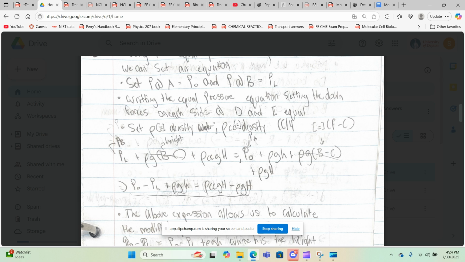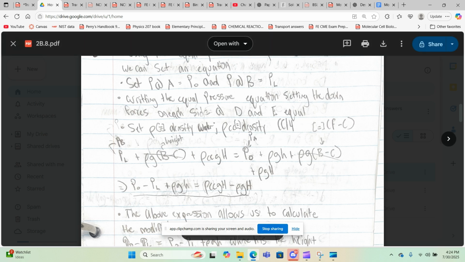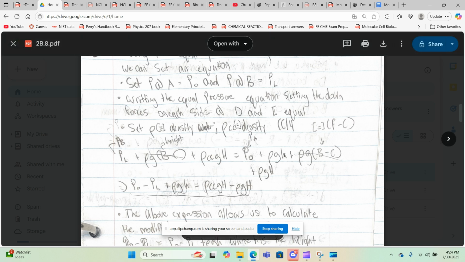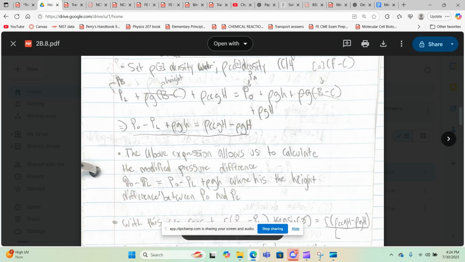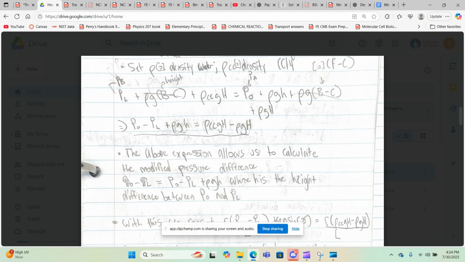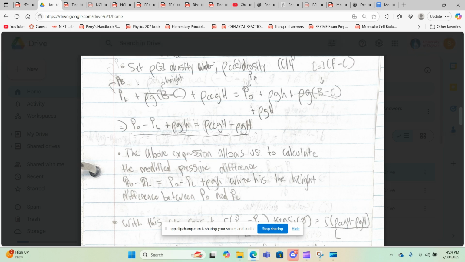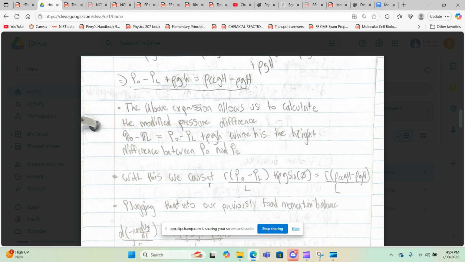But basically, to solve for that, I'm just isolating P0 minus PL plus rho gH. These terms cancel, and you're just left with this. So you're just manipulating this equation to get this form. And the above expression allows us to calculate the modified pressure, P0 minus PL, and that equals that.